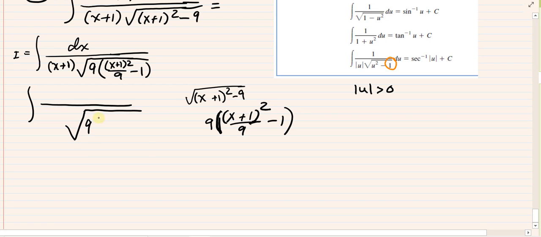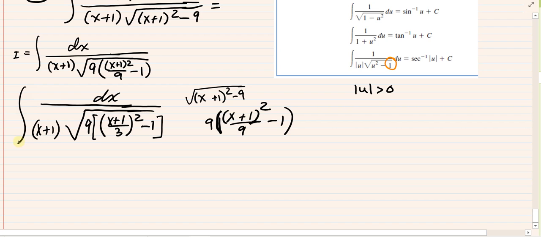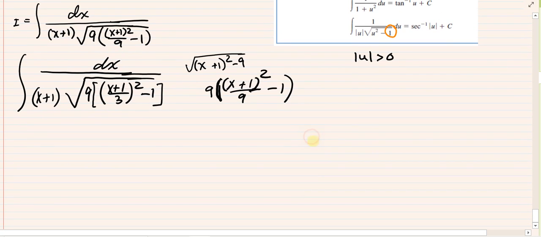I'm going to write it as parentheses x plus 1 third quantity squared minus 1. Okay. And then, sorry, I'm making all these adjustments. And then what I'm going to do is take the square root of 9. It becomes 3, so I'm going to bring it all the way outside the radical.